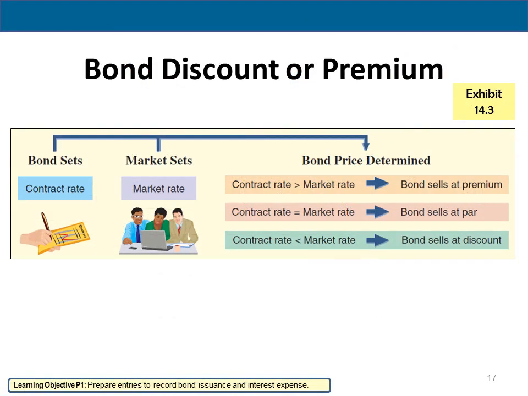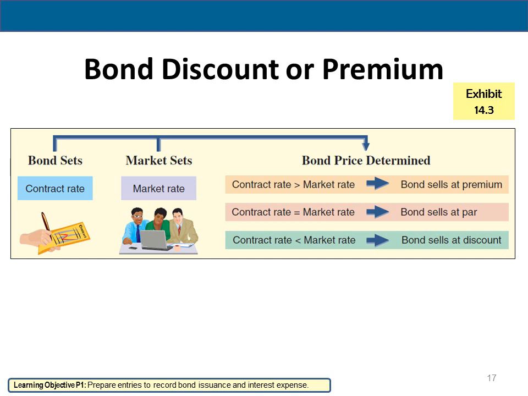So let us now discuss the three cases of bond issuance. Bonds can be sold at par value, at a value equal to the par value. In this case, the contract rate should equal the market rate. Or the bond could be sold at a value above its par value, which is called selling bonds at premium. This takes place when the contract rate is higher than the market rate.